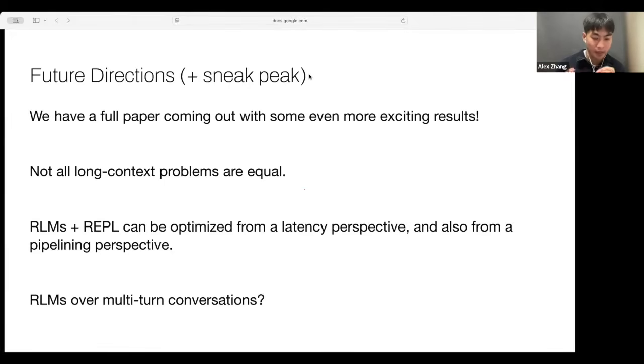The reason this is cool is that in our experiments, we want to show that if you scale the input sizes, given some characterization of the problem, we can understand when it's appropriate to use a regular language model and when it's appropriate to use an RLM.